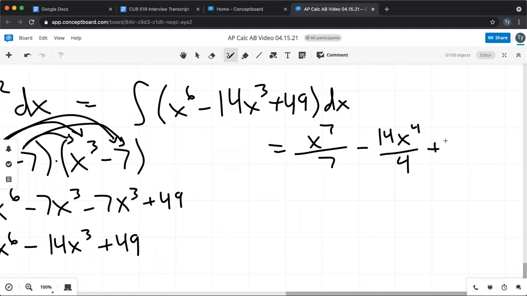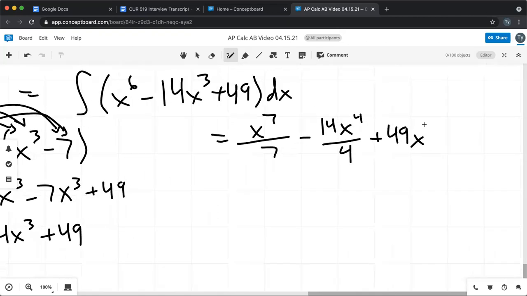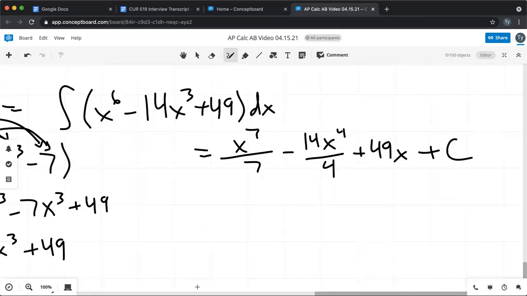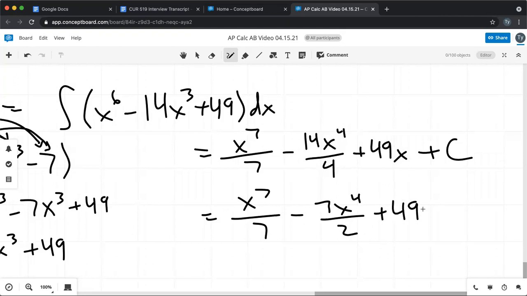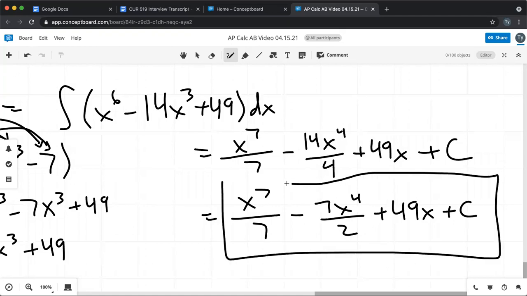And then plus 49, increase the power. Well, okay, that means we get x. Divide by the power of 1 is 1 on bottom. And we have plus c, because this is an indefinite integral. This is pretty much done. We can't really do much more. We can simplify this term a little bit as 7/2 instead of 14/4. Doesn't matter too much. But other than that, this is our final solution.